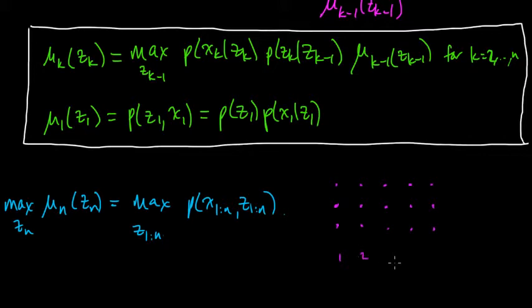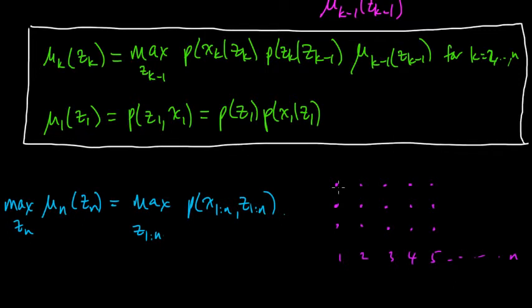And this is step 1, 2, 3, 4, 5, etc. up to n. Maybe it just goes up to 5 or something like that. Oh, no, we'll think about the general thing. So we want to find the maximizing sequence over all of the n, the whole path.